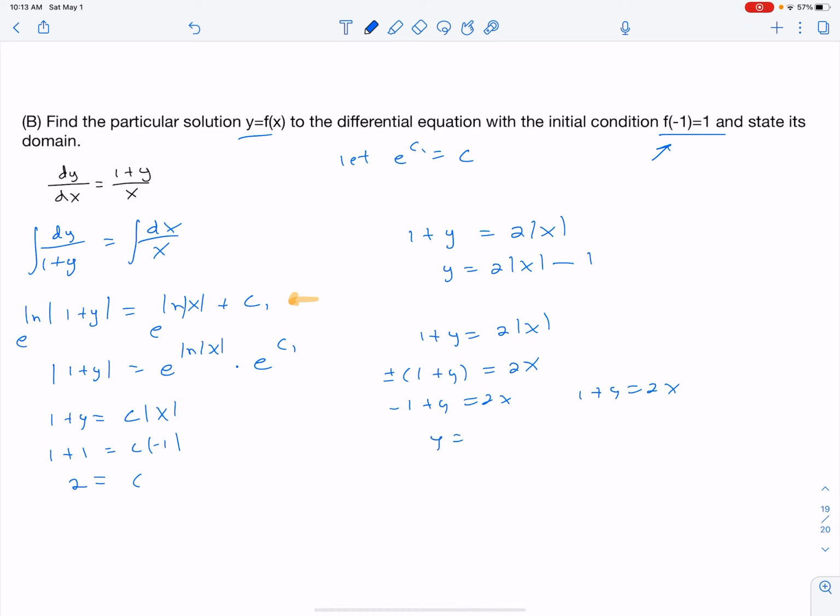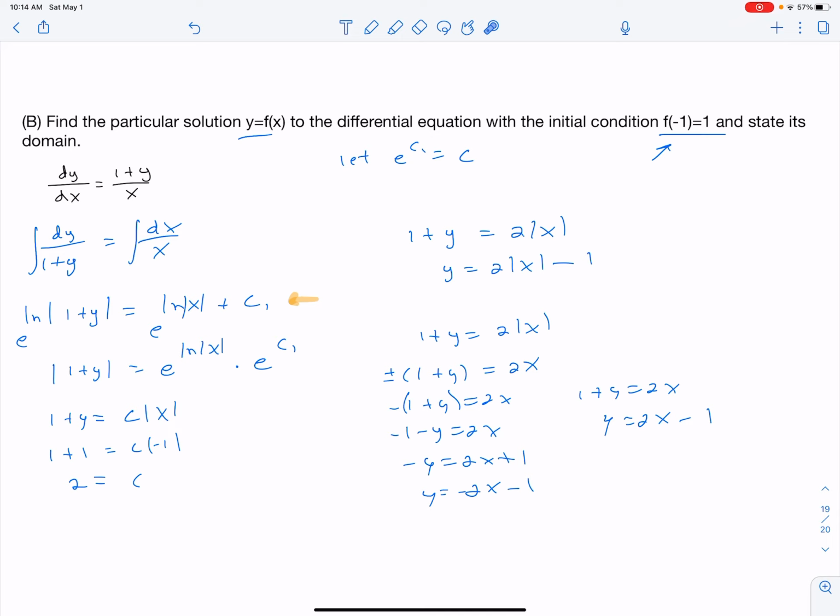That's a big deal. So let's make it negative 1 minus y equals 2x, so negative y equals 2x plus 1, and y equals negative 2x minus 1. The other one is y equals 2x minus 1. Now notice, while we have two equations, only one of these is going to work.